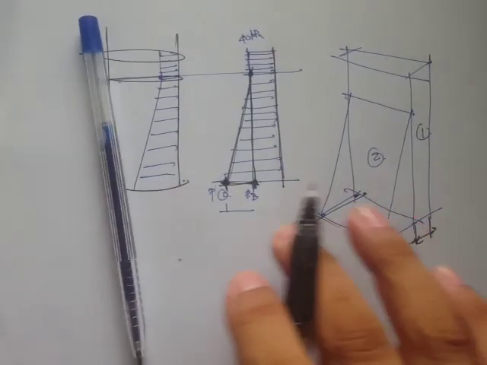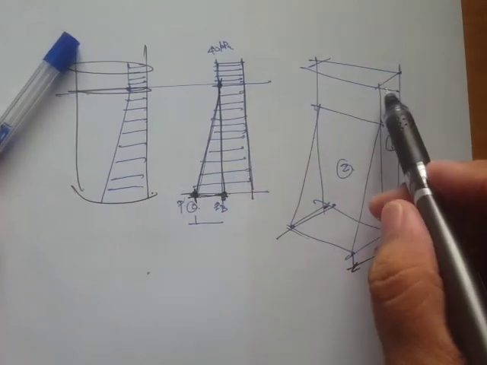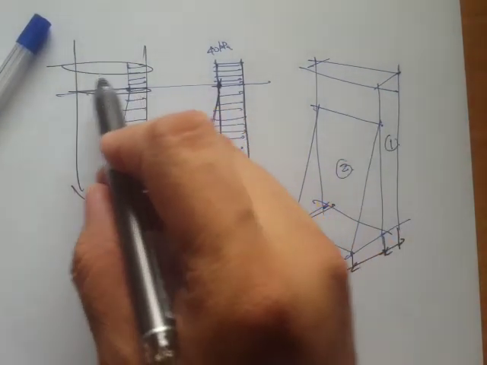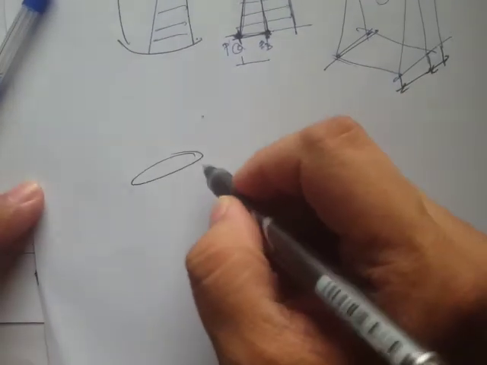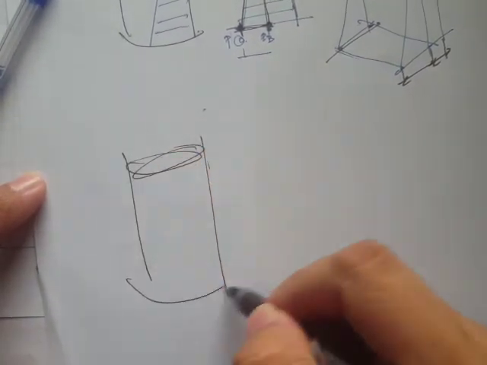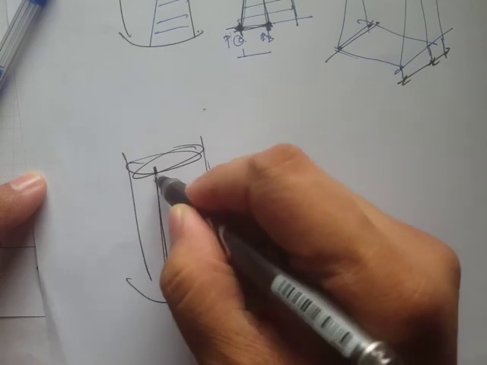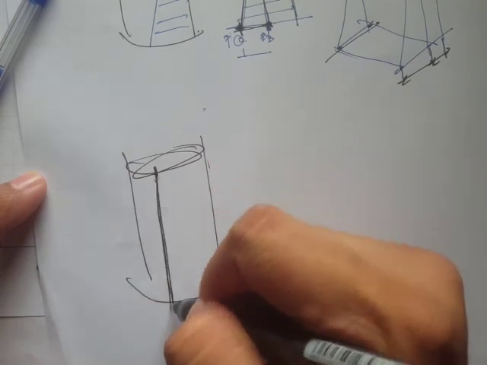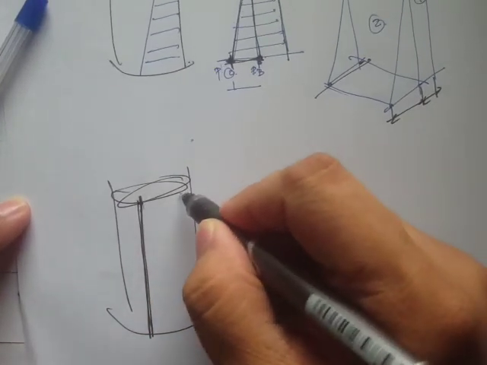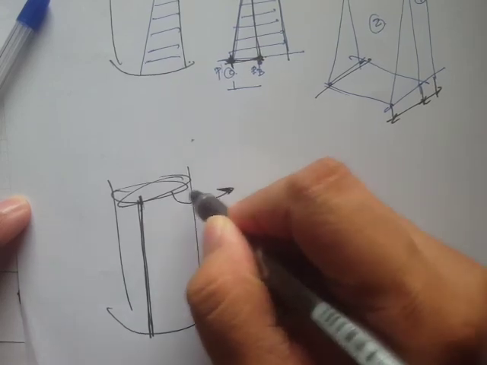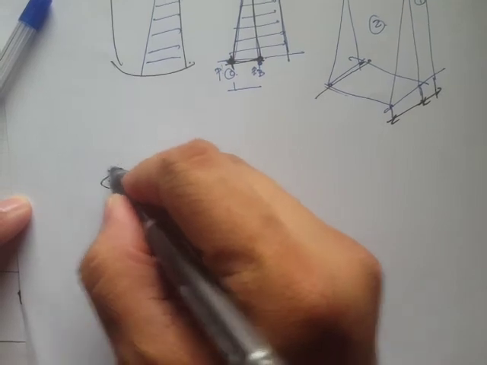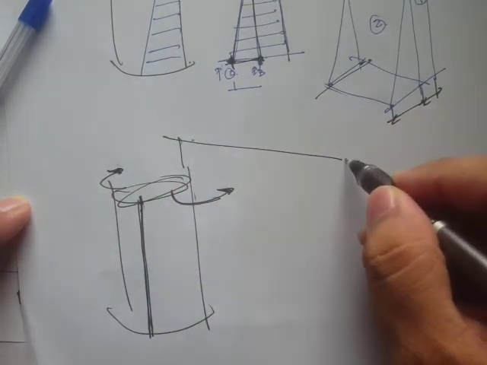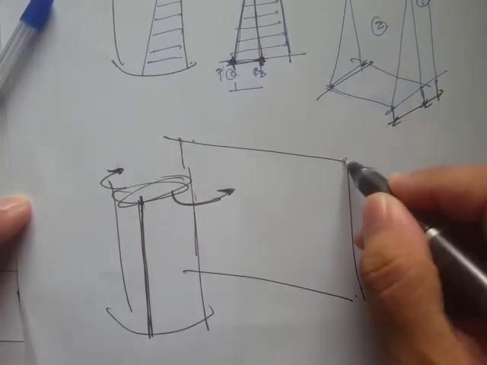If you are asked to find this, how do we use the prism if this is a cylinder? Of course, if this is a cylinder, you can just imagine that you cut this portion right here and lay it out flat. What you get is something like this.